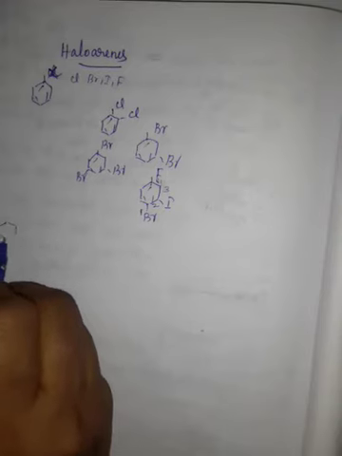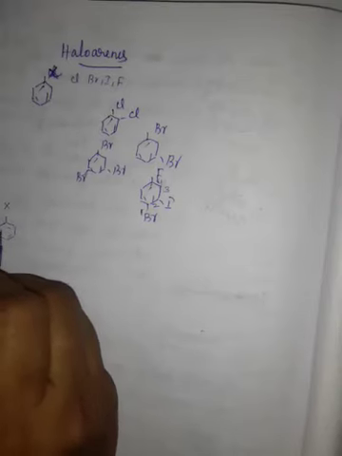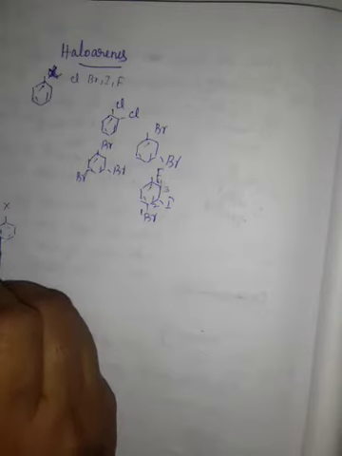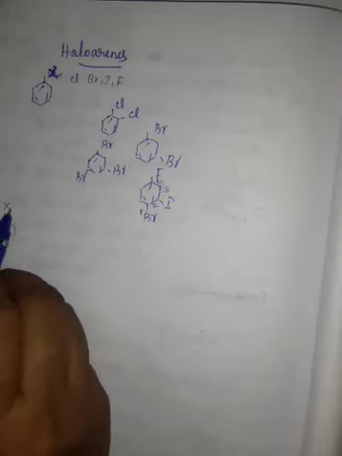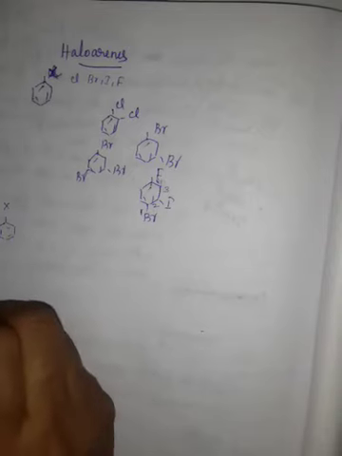This is the benzene ring, and this is halogen X. It has a lone pair of electrons which interacts with the pi orbitals of the benzene ring to form an extended conjugated system of pi orbitals. These electrons can be delocalized, that is, can move through the whole benzene ring, forming double bond character to the C-X bond.